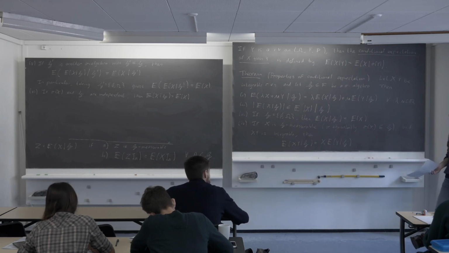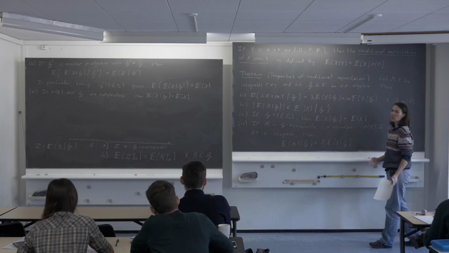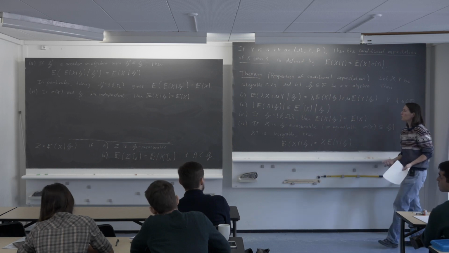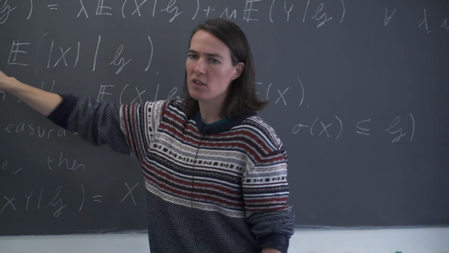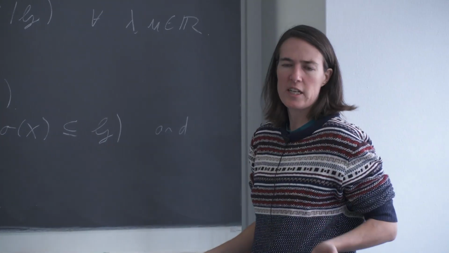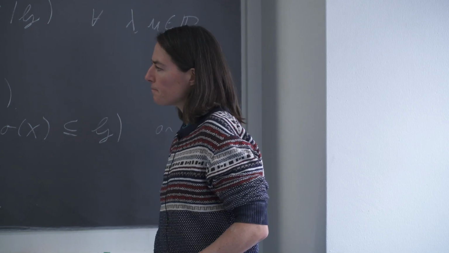Okay, so what do these properties tell us? Well, the first two just tell us that conditional expectation has the nice properties that ordinary expectation has. Ordinary expectation is linear, ordinary expectation satisfies this triangle inequality, and so these two results just tell us that conditional expectation also satisfies these two nice properties.